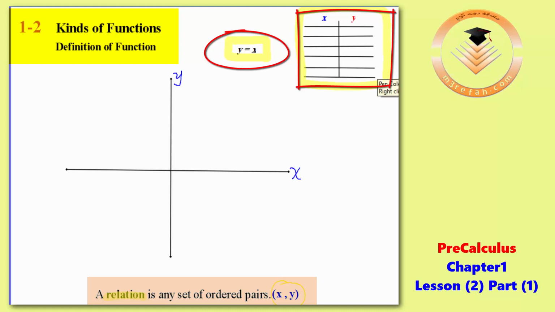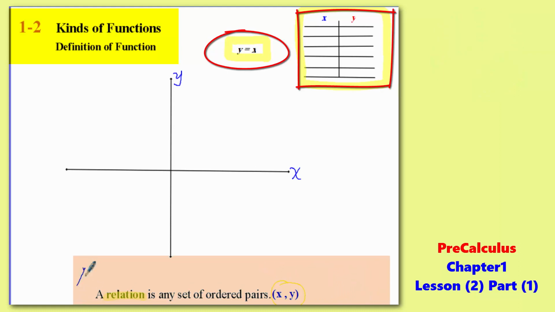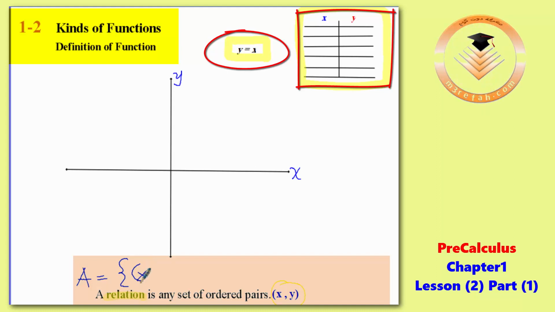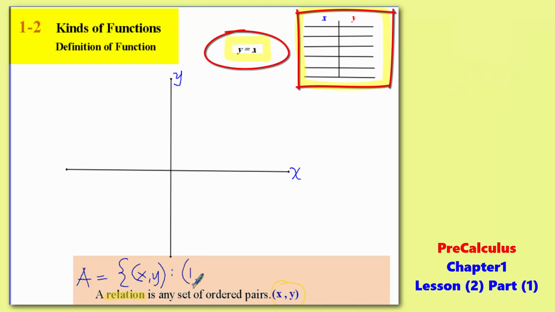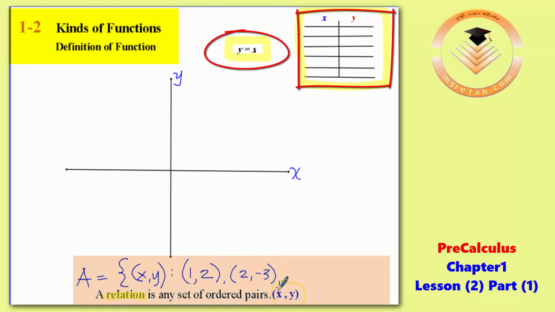Okay, let us have A equal to the set of (x, y), with (1, 2), (2, -3), any random values.